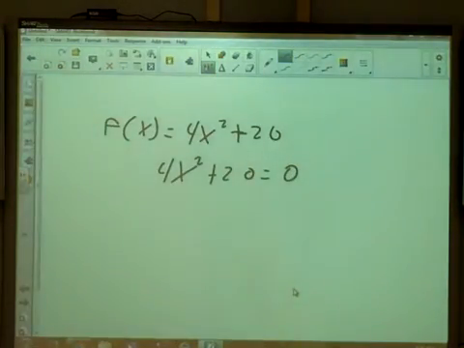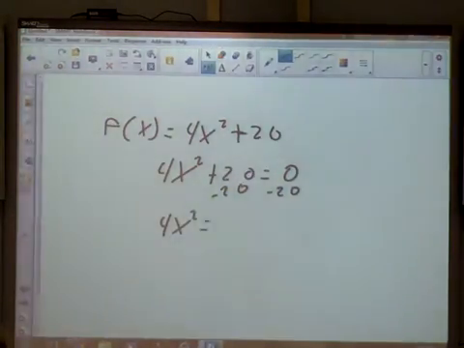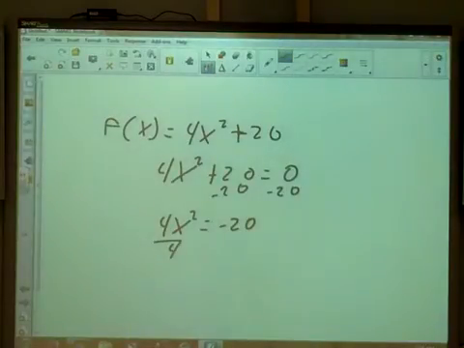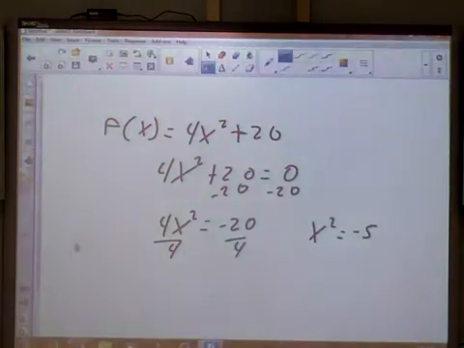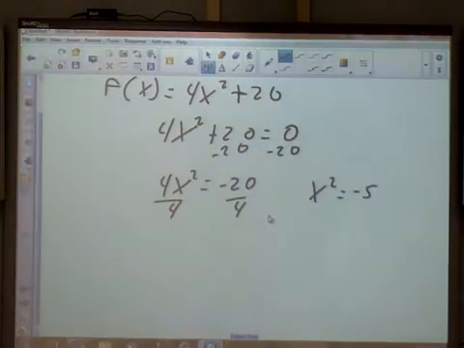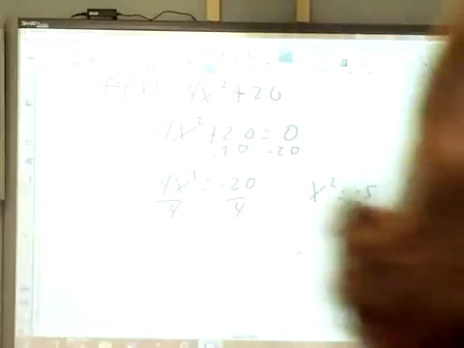So what would our first step here be? Subtract your 20. You just change the f of x. Then what would we do? Okay. Then what? How do we undo that squared now?